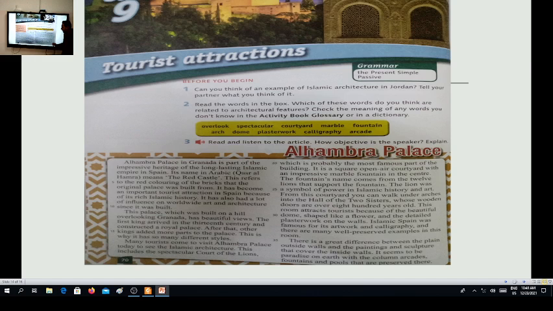The first king arrived in the 13th century and constructed a royal palace. Constructed means built. Here we have an empire, the king who came to this place and built this palace.